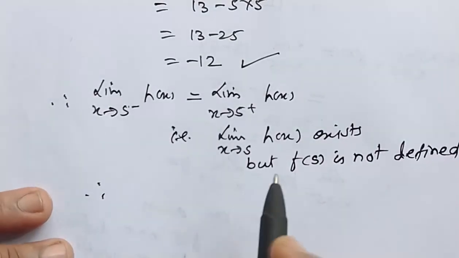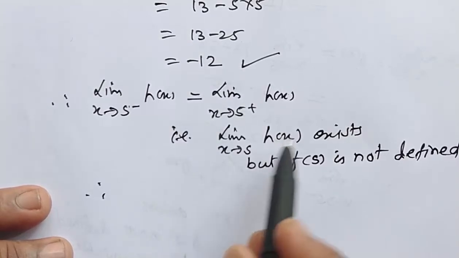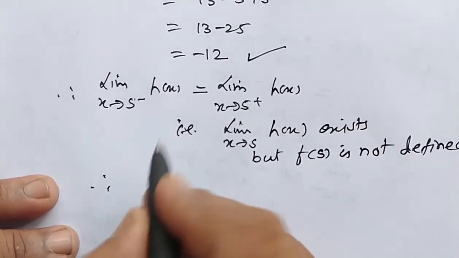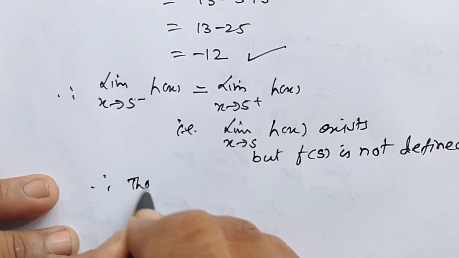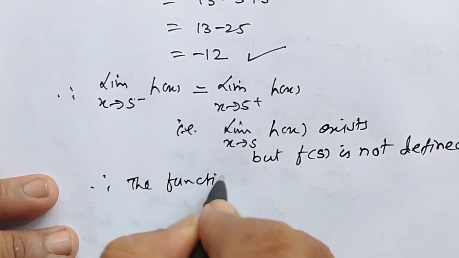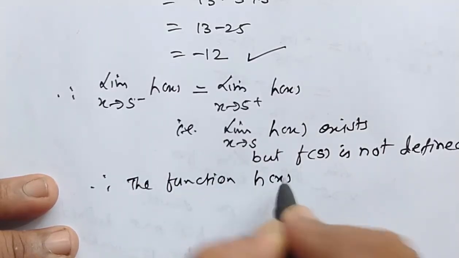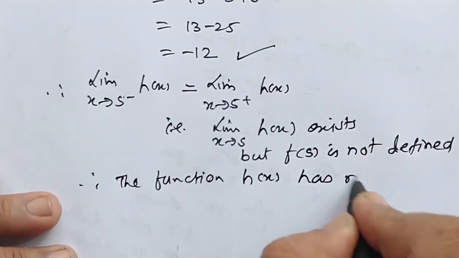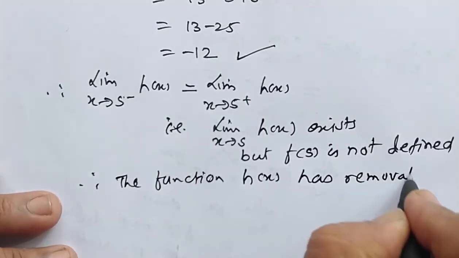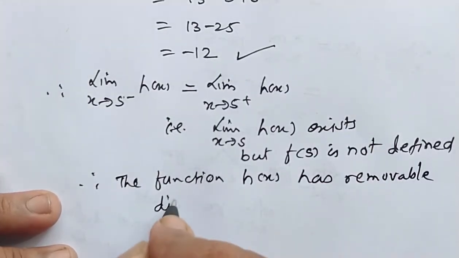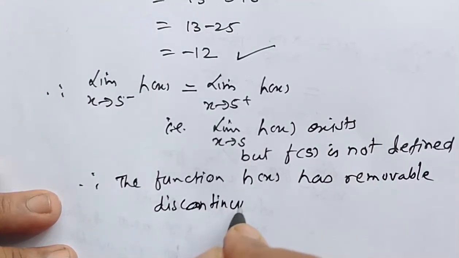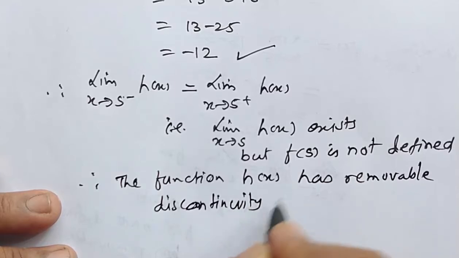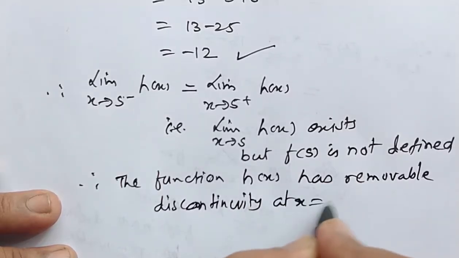Therefore, the function has removable discontinuity. The function h of x has removable discontinuity at x is equal to 5.